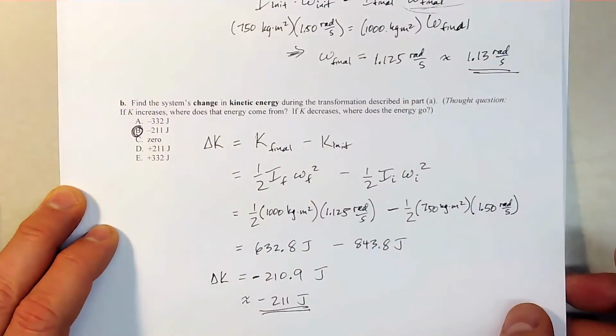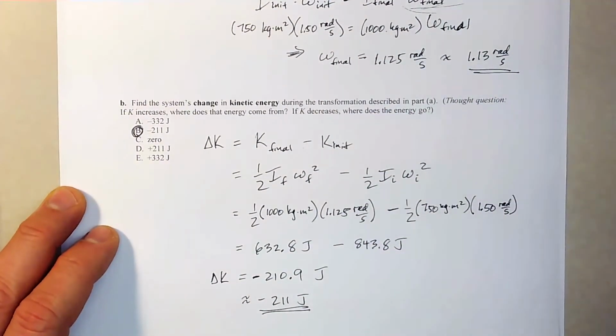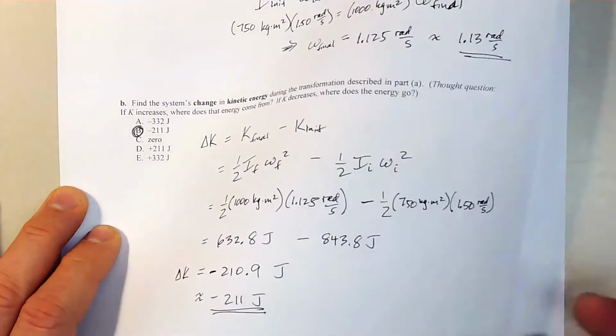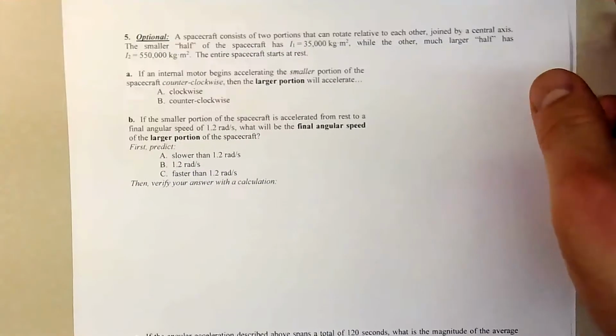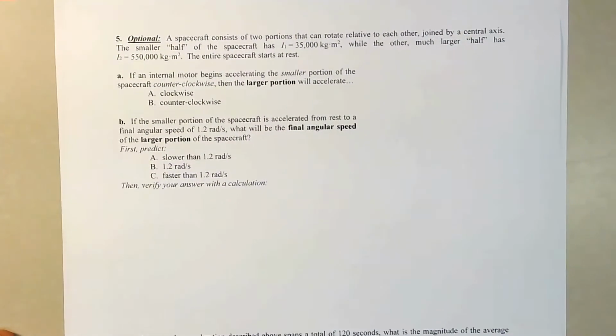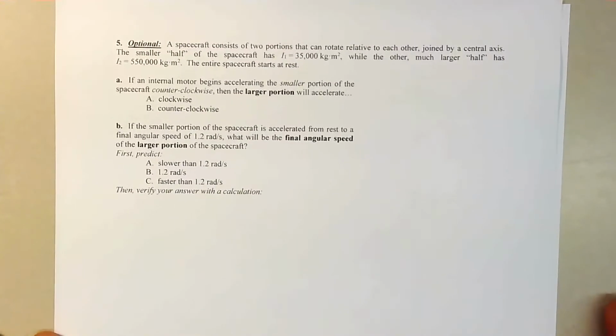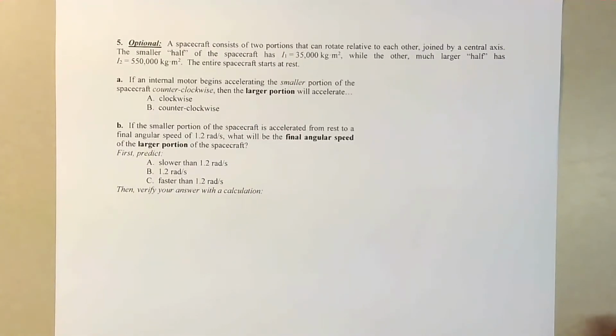Okay, the last thing I'm going to do is use question number 5 as one last example question. And I want to emphasize that this is optional. This is an example of using conservation of angular momentum for two interacting halves of a rotating system that have a common axis.